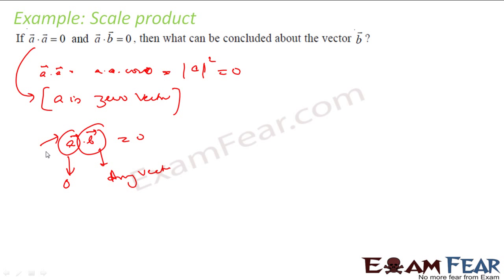So that's why a dot b is 0. Correct? This is a question to make you understand more about vectors. You can visualize that. In this case, a is 0, and we have this a dot b is 0 given. But we can't conclude much from this because a is 0. So b can be any vector.